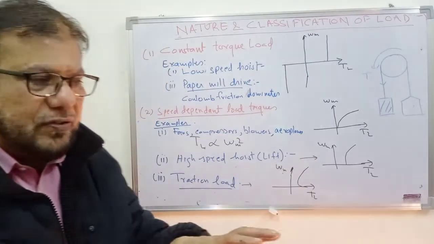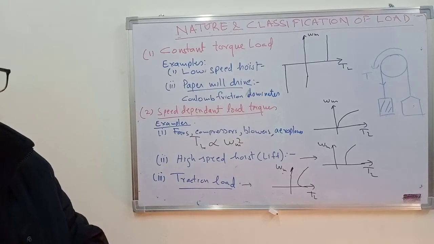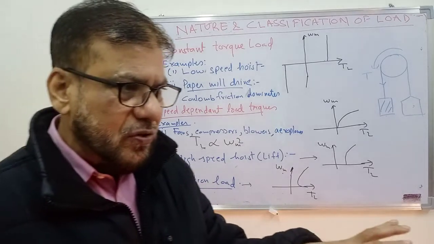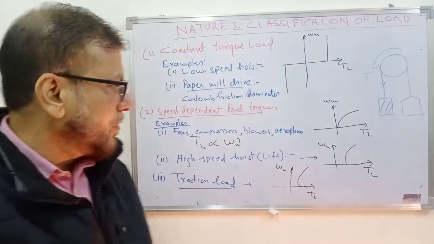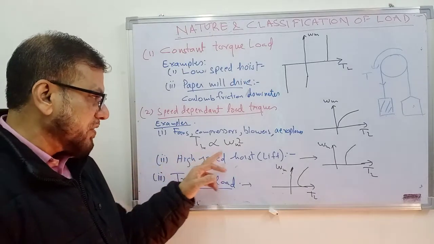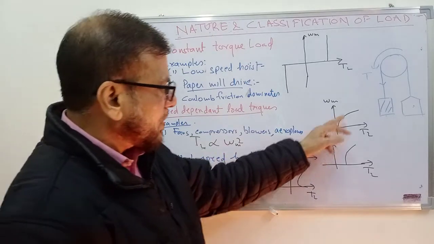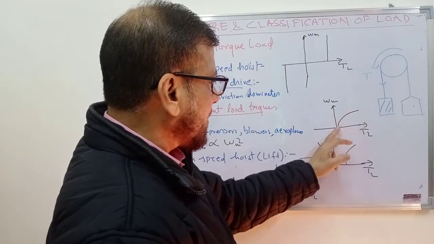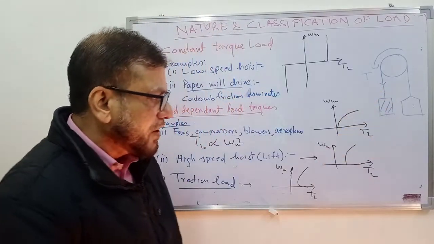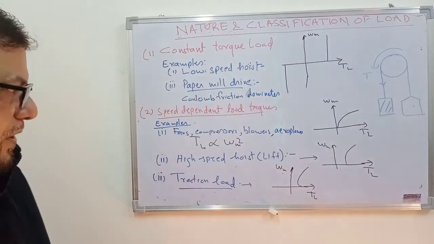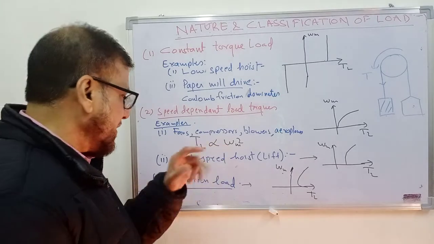So the load is the wind. The higher the speed you want, the more torque you have to produce. So this torque depends on the square of the speed. It can be shown like this. So this is the load torque, and as the speed increases, the load torque increases rapidly. It depends on the square of the speed.